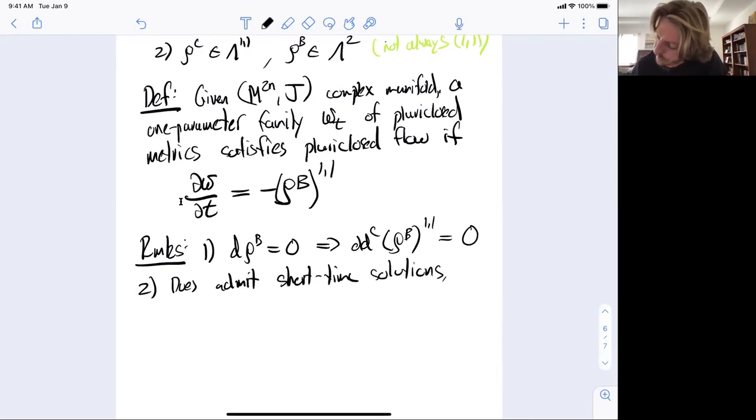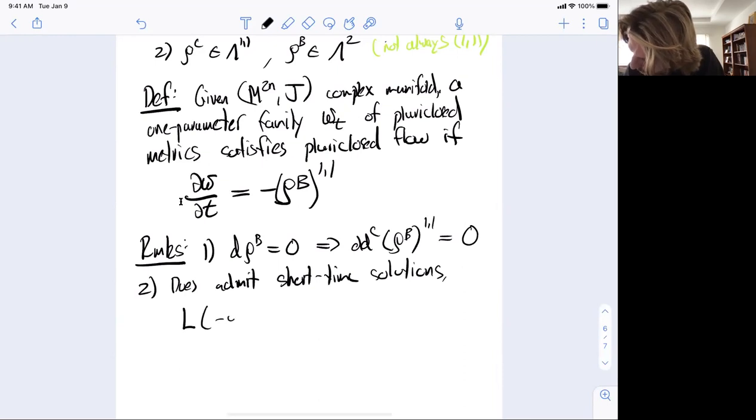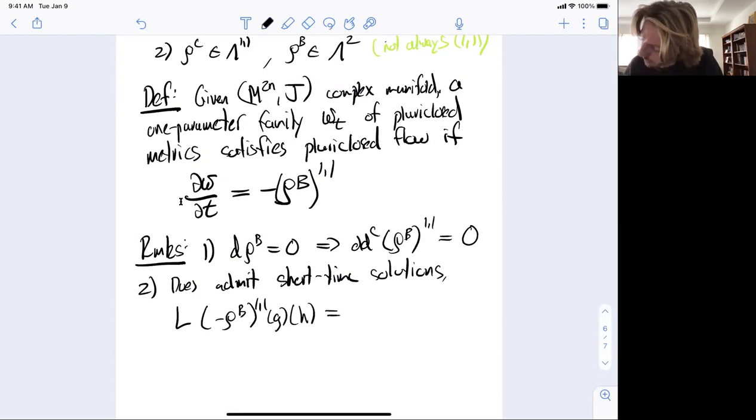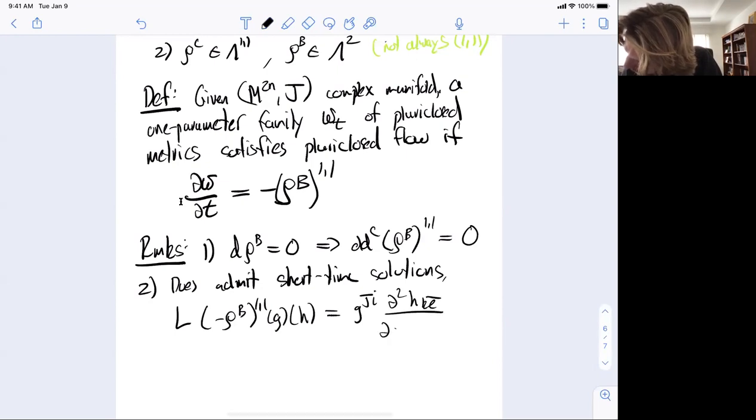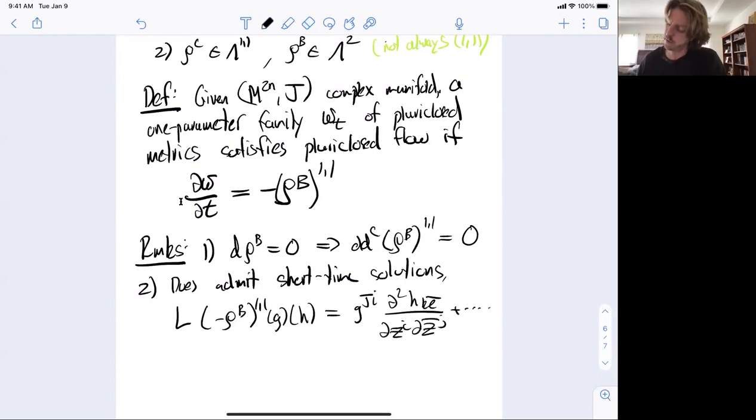And, importantly, the linearization of minus rho bismuth 1-1, the linearization of this operator at some metric G, say in the direction of H, is G^{J bar I} del squared H_{K L bar} by del Z^I del Z bar J plus some lower order terms.